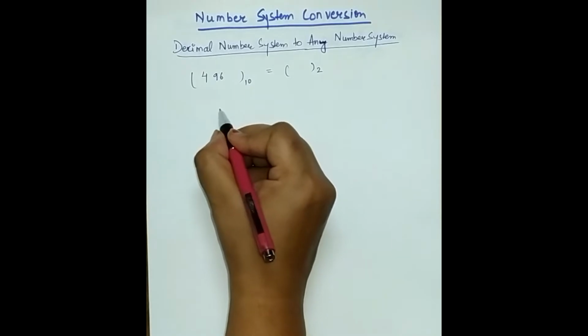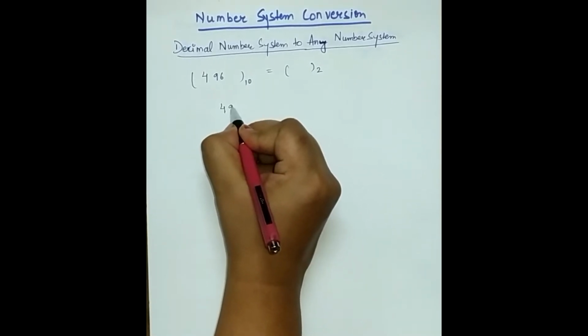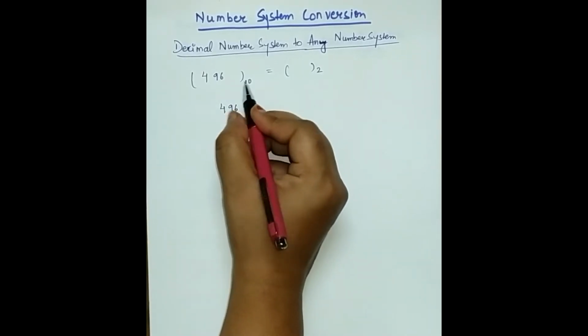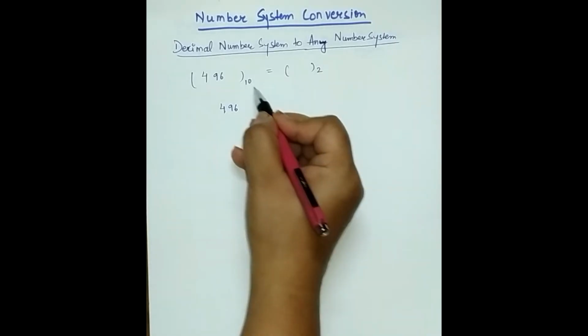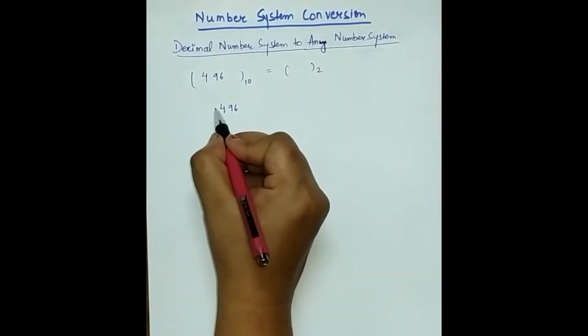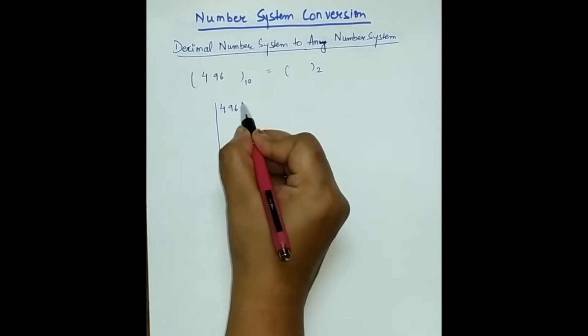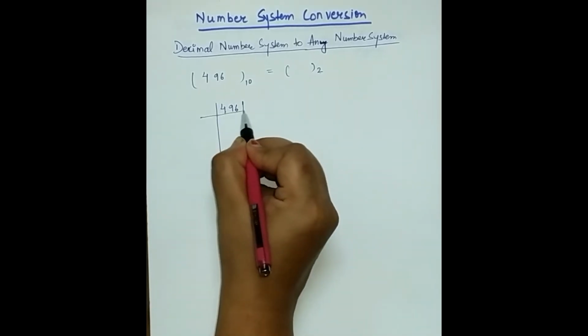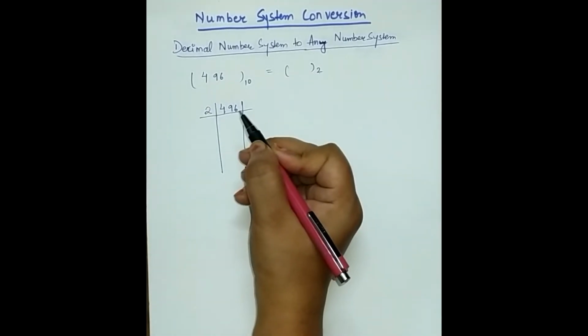First, write down 496 over here. Now you have to convert it into base 2, so you will divide this number by 2.